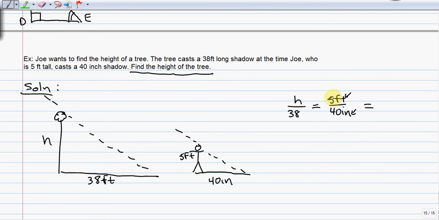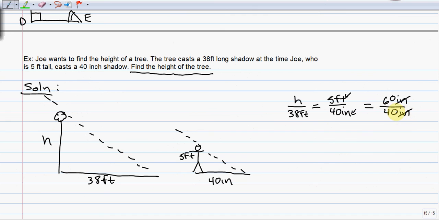I'm going to do it into inches. So 5 times 12 is 60 inches over 40 inches. You might be concerned that the feet and inches are different, but it just has to be the same in the same ratio because these inches are going to cancel with each other.